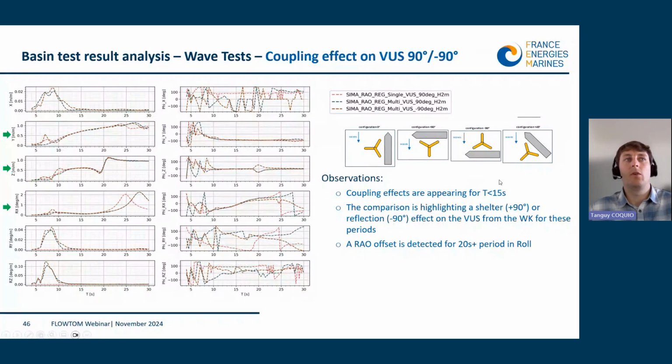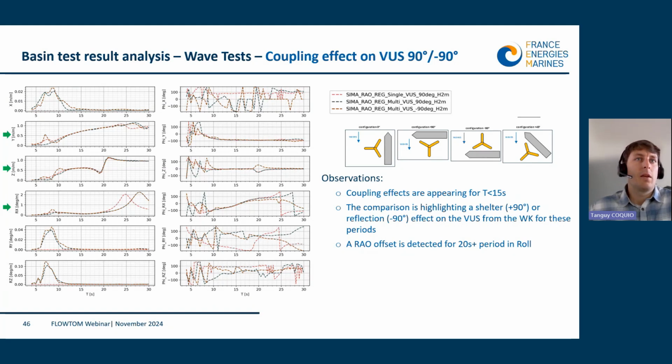The first one is the single semi-submersible floater alone. The second one is both the floaters and the vessel with side waves, but the vessel is sheltering the floaters. And the third one is the same thing, but the vessel is down waves, so it's reflecting the waves onto the floater and not sheltering them.